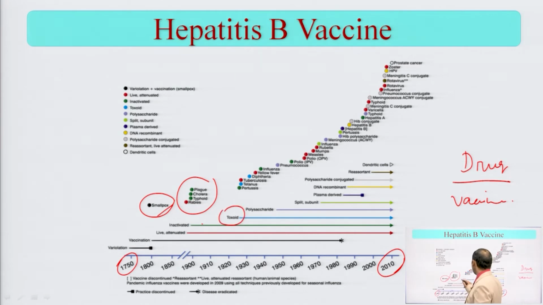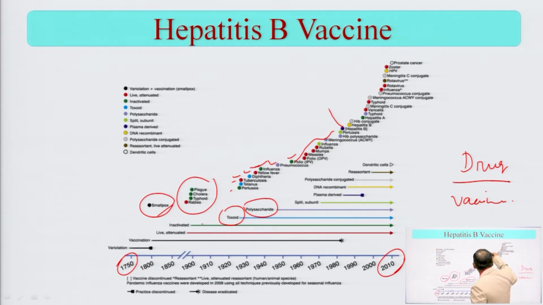Then toxoids and other polysaccharide vaccines were given for various diseases like influenza, yellow fever, diphtheria, tuberculosis, tetanus, pertussis. And after that polio, pneumococcus and vaccines for various other kinds of viruses and bacteria.